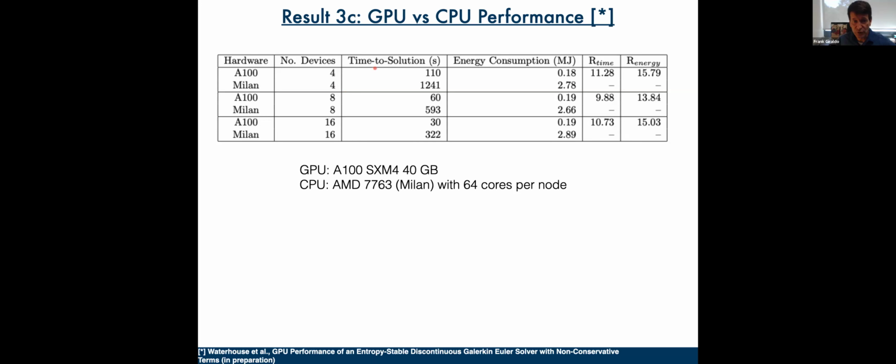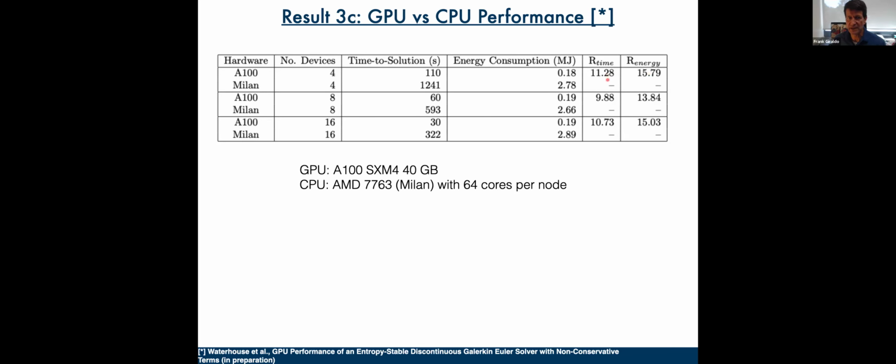And this is the time to solution that you get between, say, going from 4 to 8 to 16 of these. Here's the time to solution and the energy consumption in megajoules. And this is the ratio in time: this 11.2 means that the A100 is 11 times faster than the CPU code. And this number here means that it's 15 times more energy efficient. Right.